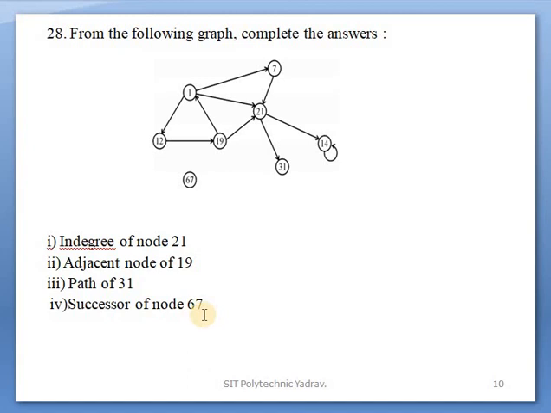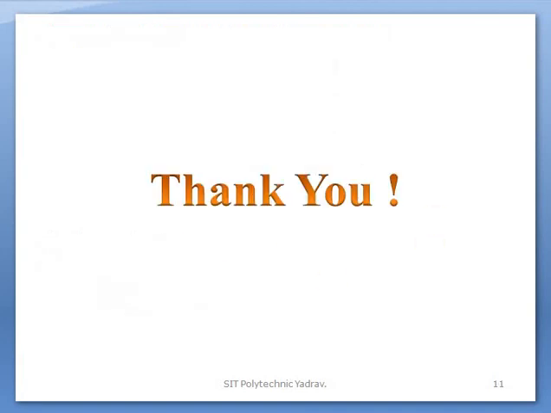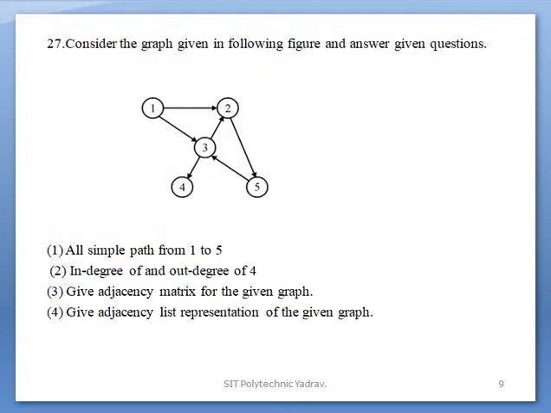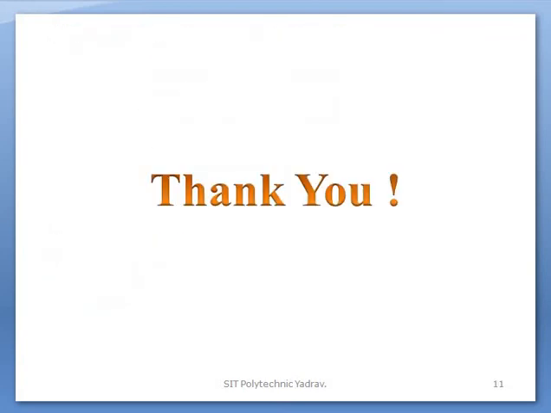The successor of 67: there is no successor because no node is connected. Those are the answers. These are the questions 28. Here we stop today's lecture. If any doubts arise in this lecture, contact me. Okay, thank you.